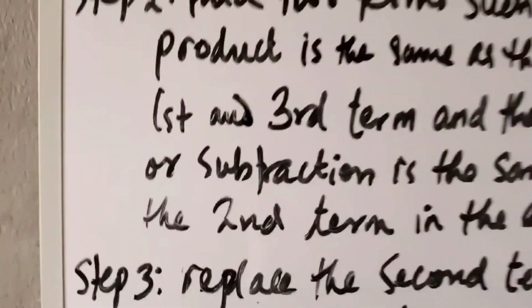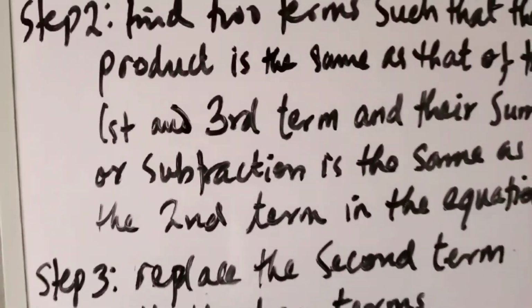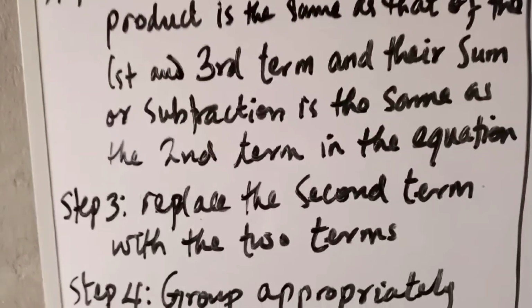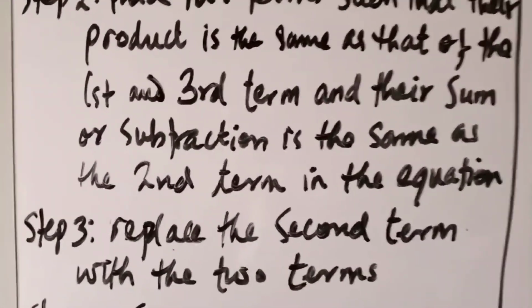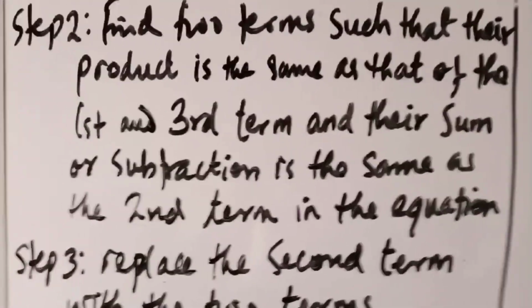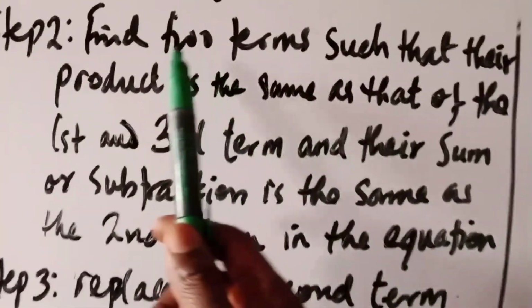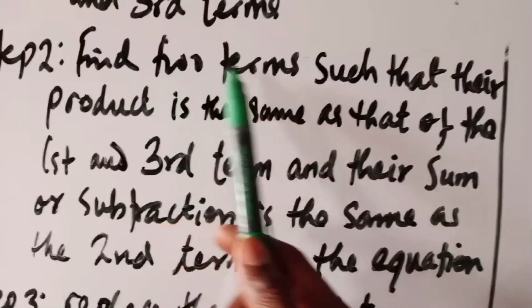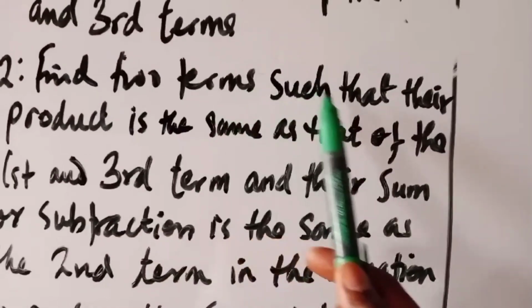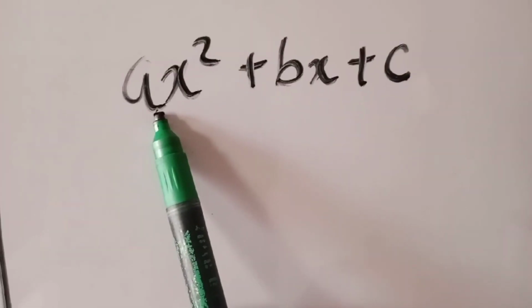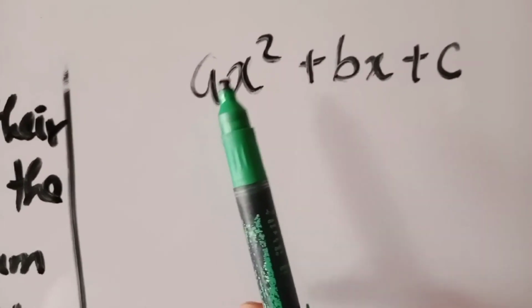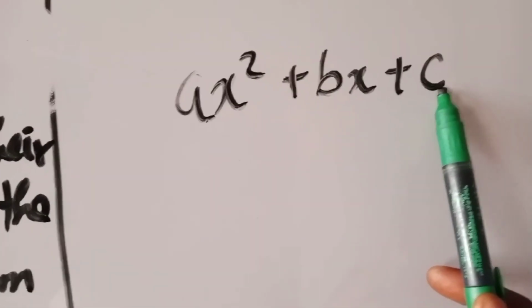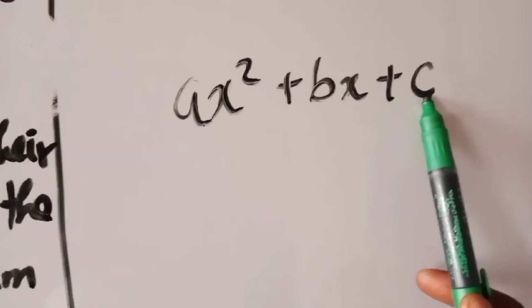Then when we get such terms, we'll get them ready. These two terms satisfy two conditions. The first condition is that when we multiply the two terms together, they will give us the same thing as when we multiply the coefficient of x squared and the constant together. The coefficient of x squared is the first term, the constant is the third term.